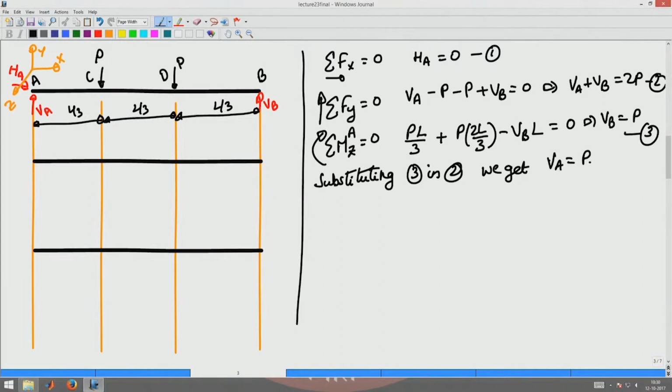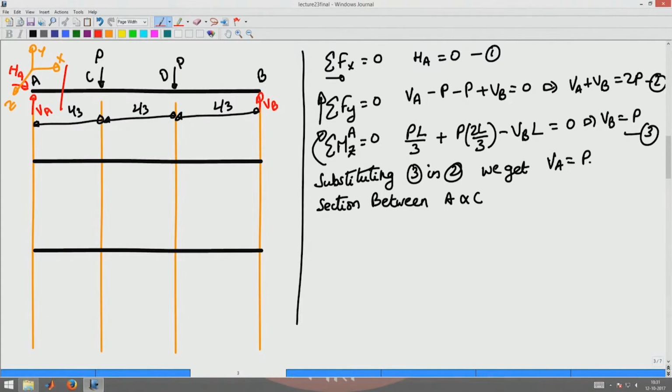Now, take a section between A and C. I take a section here. What happens if I cut there is that the shear force and the bending moment at that cut section stand exposed.